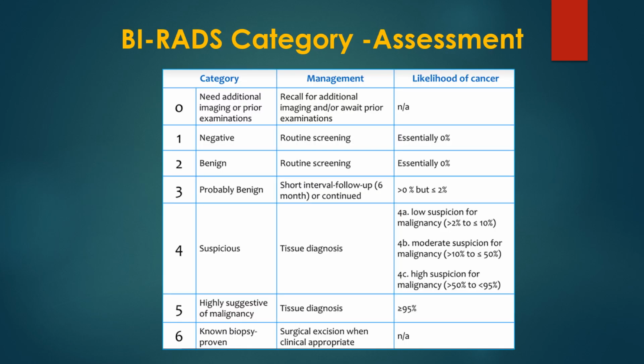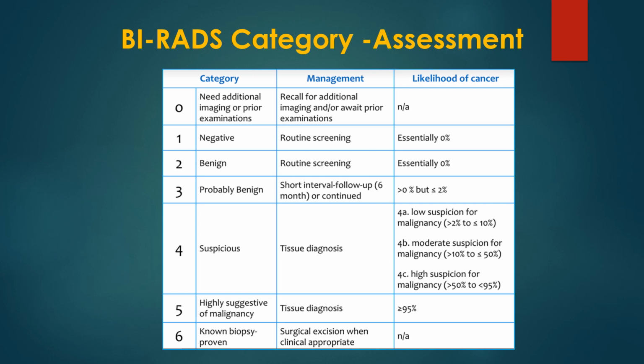To sum up the BI-RADS category of assessment, we have categories ranging from 0 to 6. So category 0 means patients will require further evaluation by means of other views of mammography, or may require review and comparison with the old films.